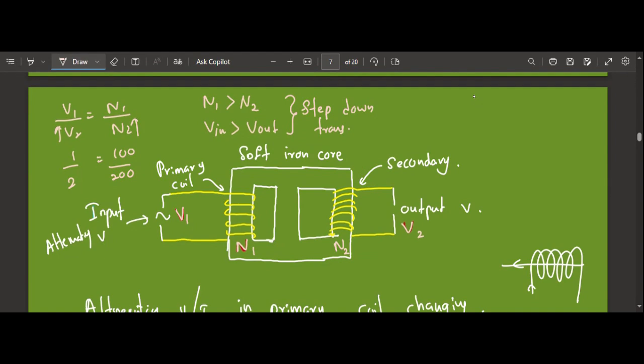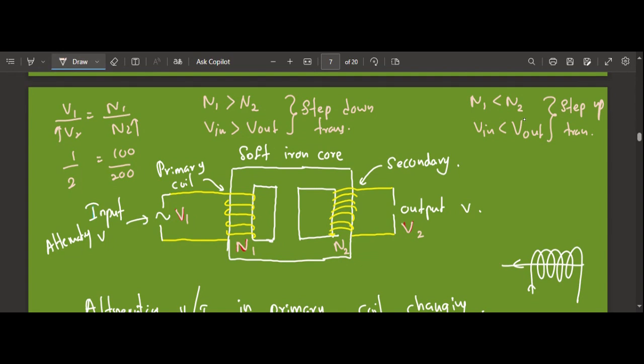Then what will happen? Voltage input is less than voltage output. So that means the voltage has been increased. This kind of transformer we call step up transformers, right? And the voltage is increased. So simply, stepped up means the voltage is increasing. Step down means the voltage is decreasing, right?